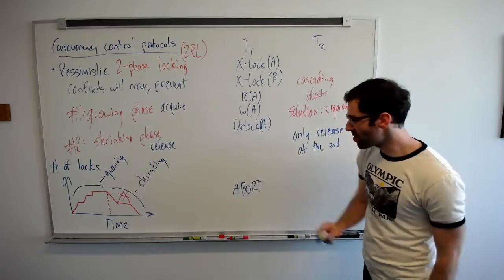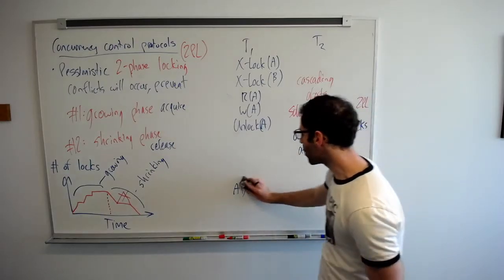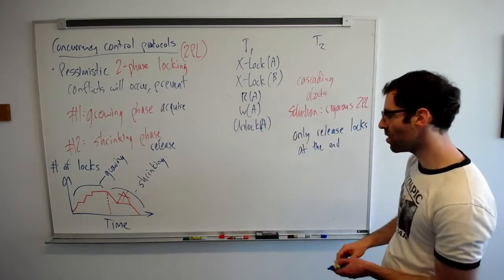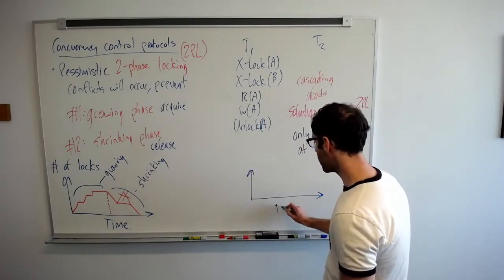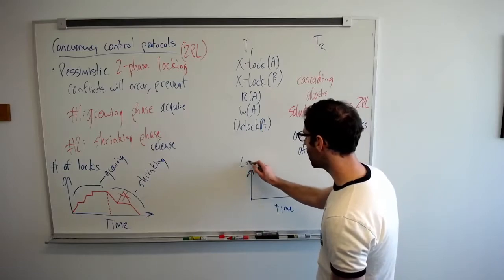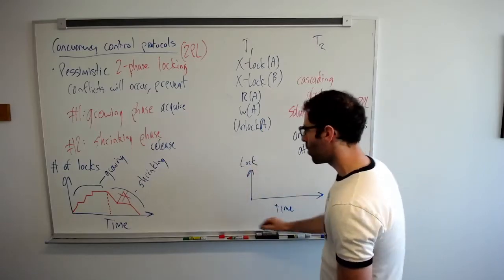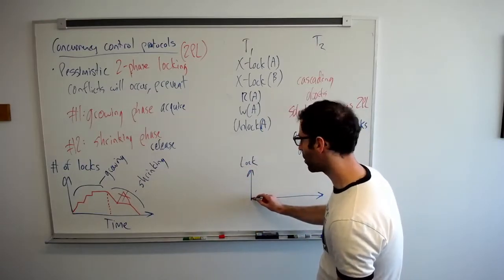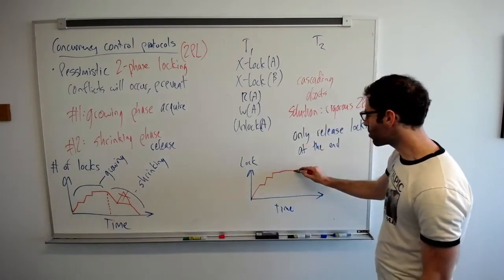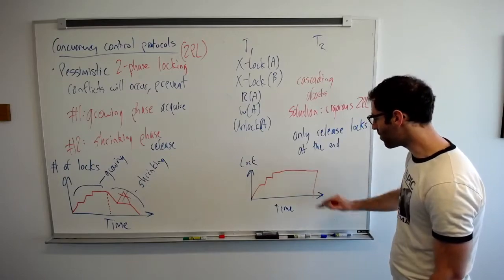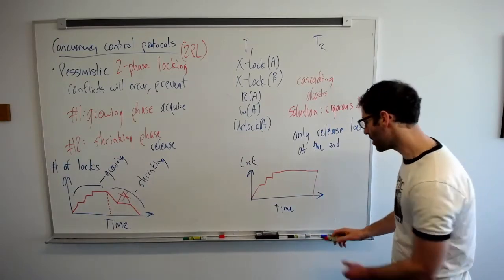So instead of this graph here, for our rigorous two-phase locking, if we have the same axes here, time, locks, we still have the same growing phase, but then our shrinking phase is release everything at the end.